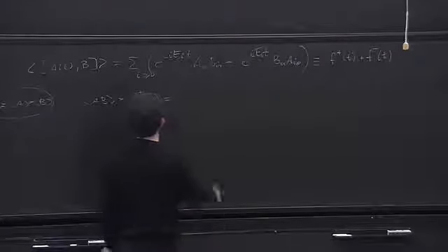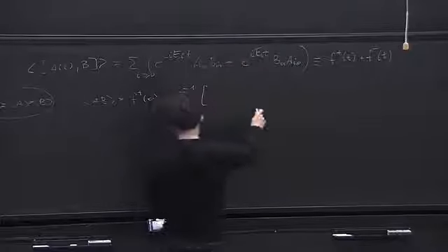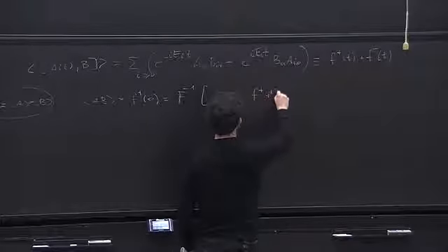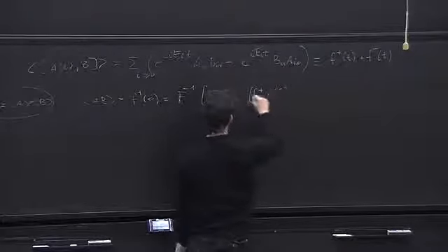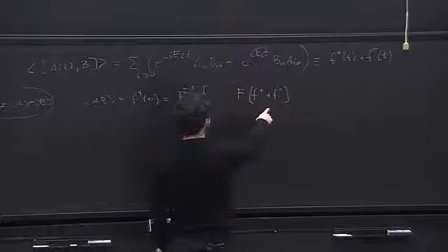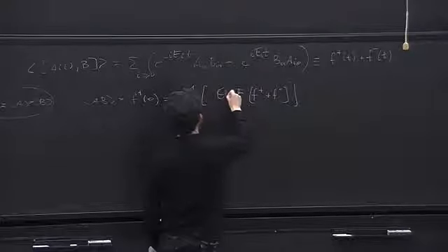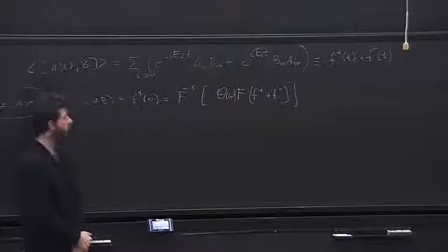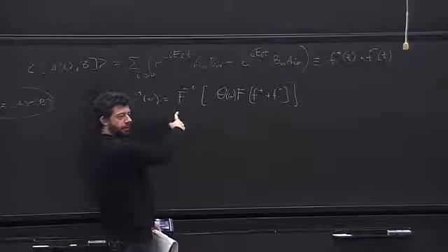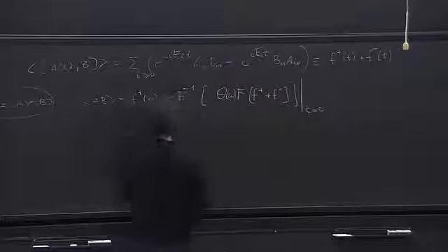It sounds complicated, but it is true. So I start with my full thing, that is f plus plus f minus. I Fourier transform it, so now I'm in the frequency domain. Then I filter out the negative frequencies. Then I anti-Fourier transform, so now I'm back to the time domain. And then I set t equals 0, and I have this.